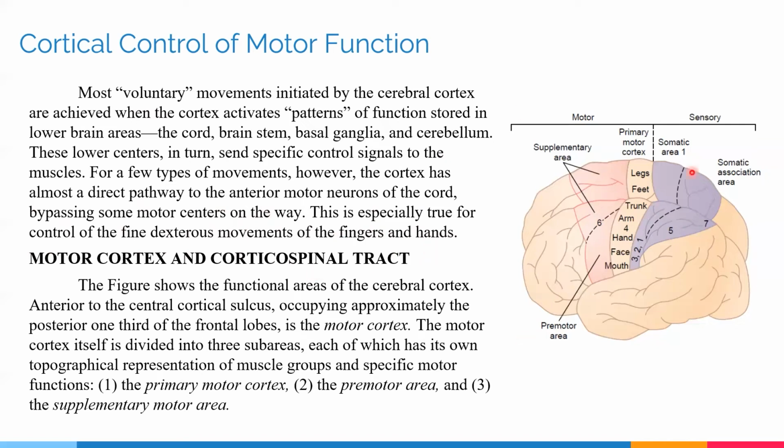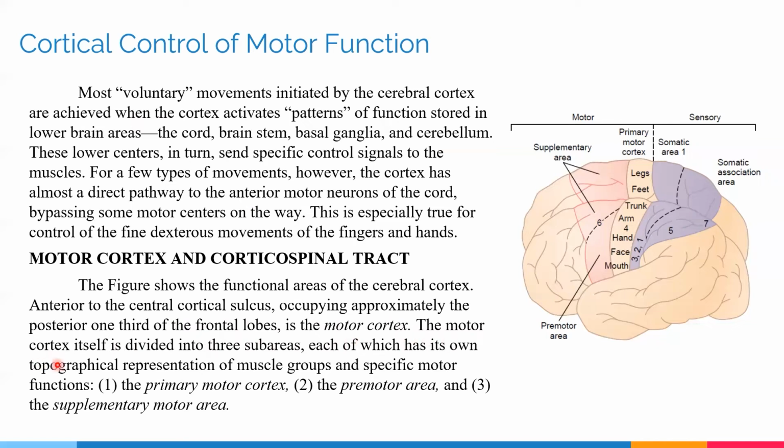So here is a schematic that shows us the functional areas of the cerebral cortex, showing us the distinction between the motor areas and the sensory areas. Anterior to the central cortical sulcus, occupying approximately the posterior one-third of the frontal lobes, is the motor cortex.